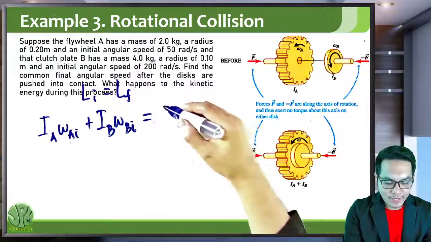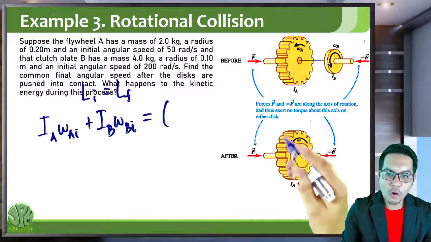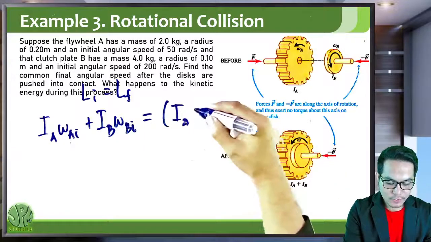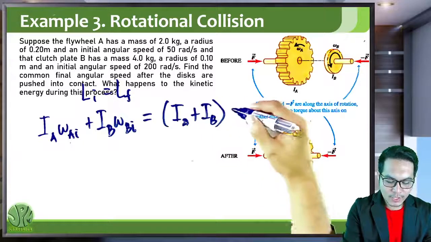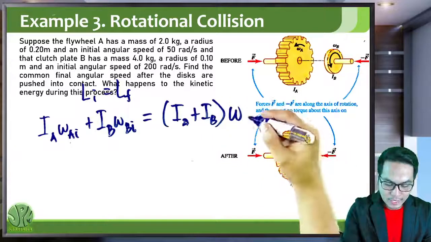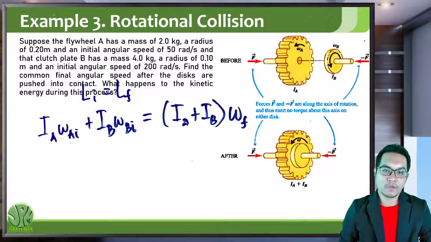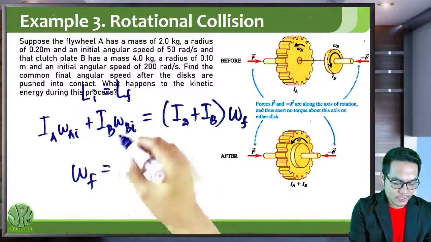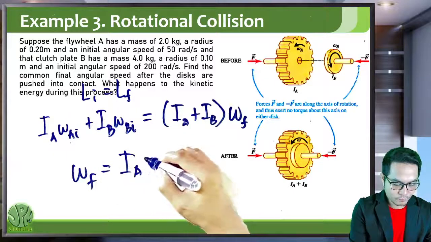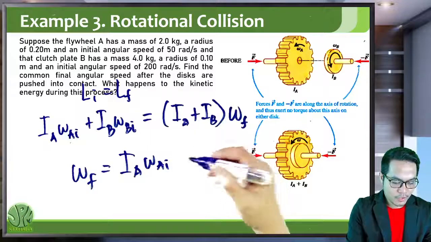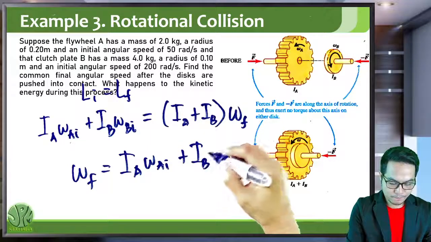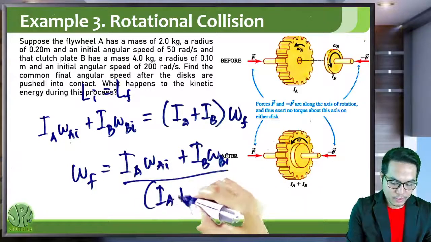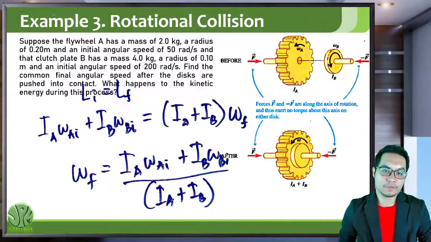In the final state, they are now one mass, so just add the moment of inertia of A plus the moment of inertia of B, and then you have the final angular velocity of A and B. To solve for the final angular velocity, it's the initial angular momentum of the system divided by the total moment of inertia.